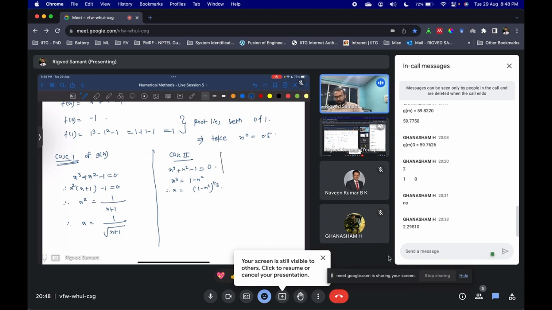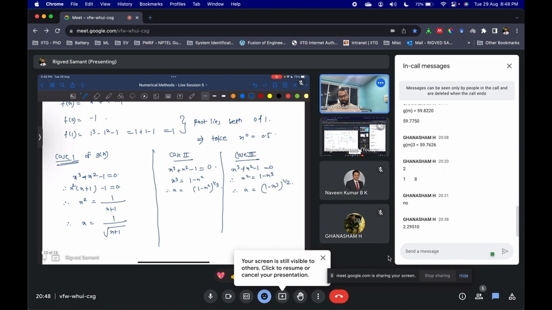This is also one of the methods. Case 3 would be x cube plus x square minus 1 is equal to 0, therefore x square is equal to 1 minus x cube, therefore x is equal to 1 minus x cube raised to 1 by 2.